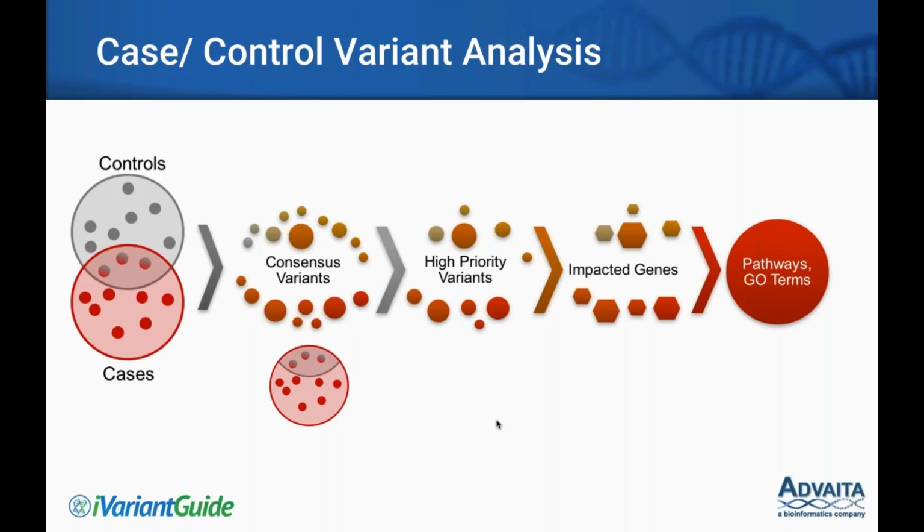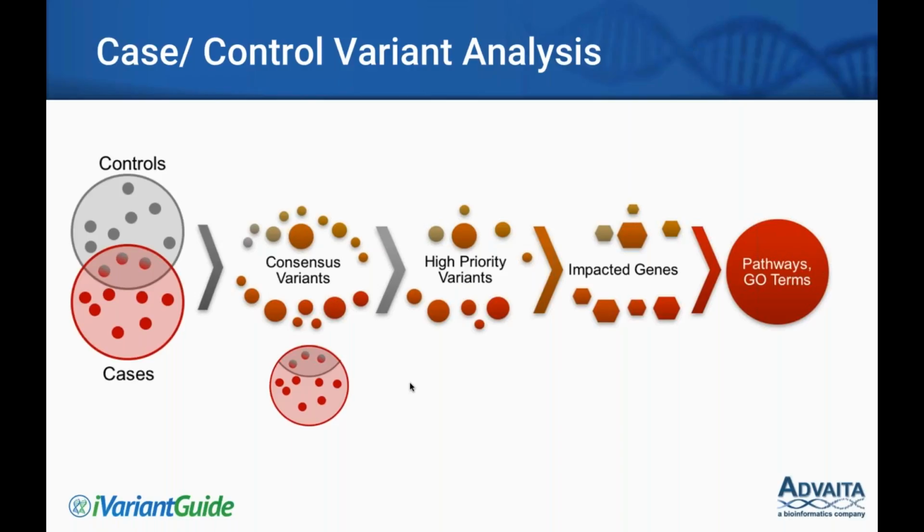This is going to depend on your experimental design and a lot of different variables that are highly personal. So what I'm showing you here is that we're keeping all of the variants that are red and unique to the cases, but also a few that are blended between the cases and controls. And we're calling that our consensus variant set. So these are the variants we're going to move forward with into iVariantGuide in our analysis.